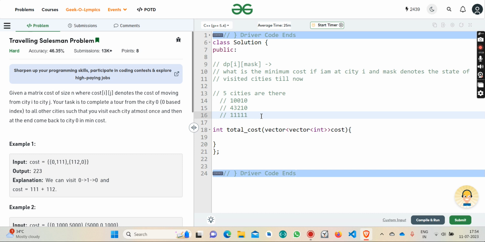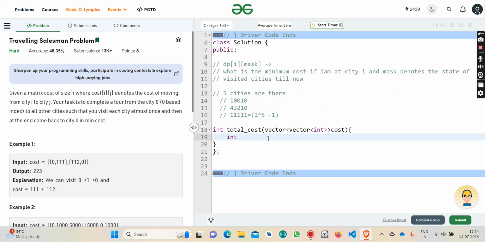So what is this number exactly? It is 2 to the power 5 minus 1. You can check: 2 to the power 5 is 32, and minus 1 is 31. If you have learned binary representation, then obviously it should be understandable.